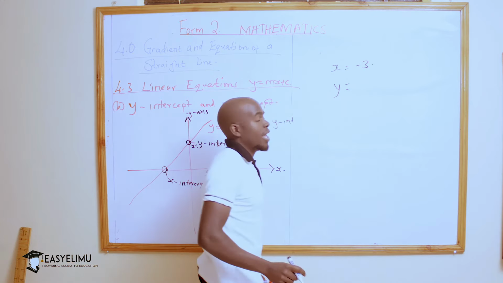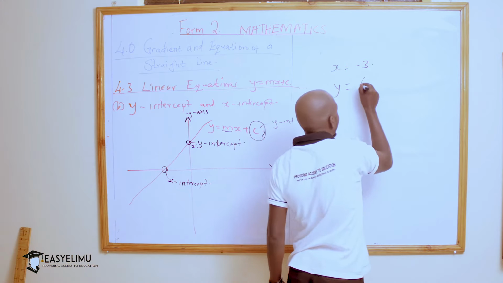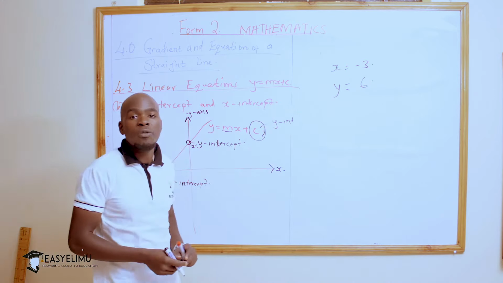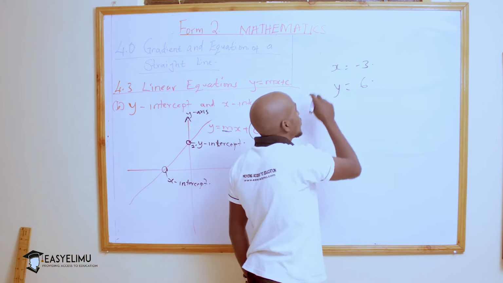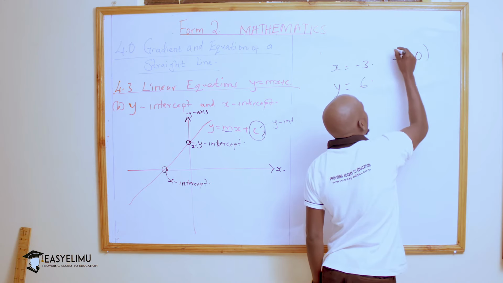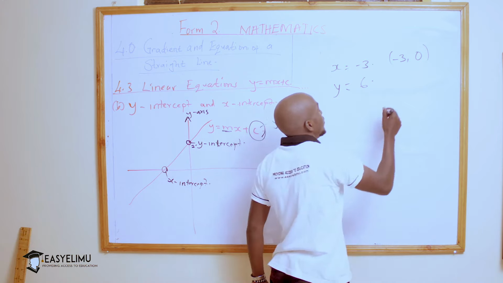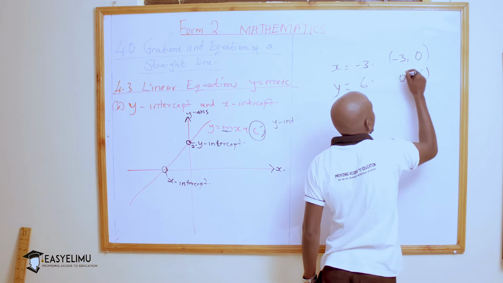The point where the line cuts the y-axis, we have been told, is 6. So the coordinates of that line, for the x-intercept, will be negative 3, 0, and for the y-intercept will be 0, 6.